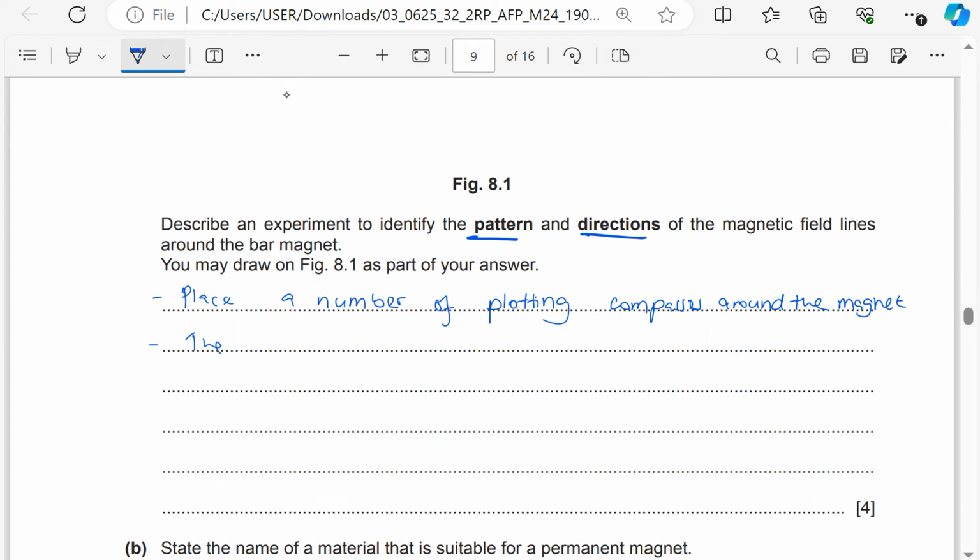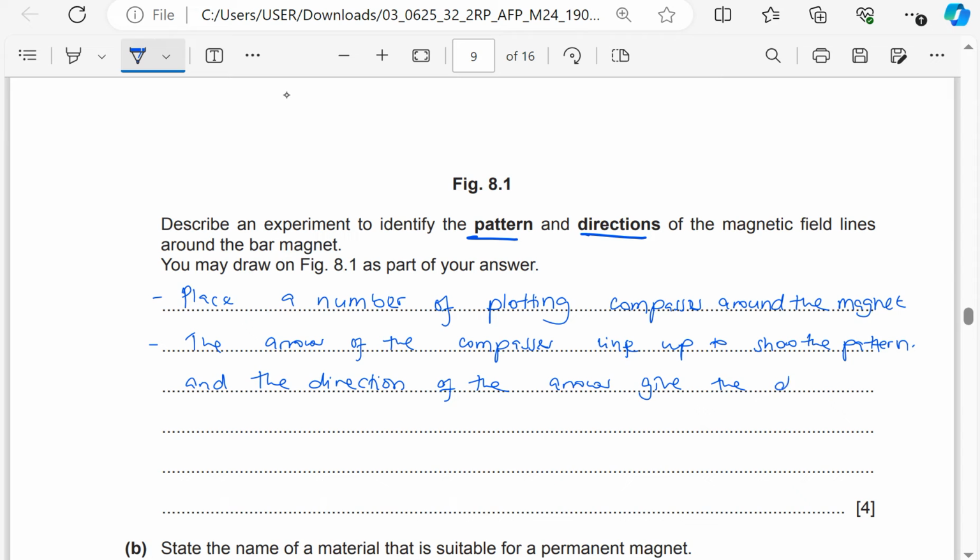The arrows of the compasses line up to show the pattern and the direction of the arrows gives the direction of the field lines.